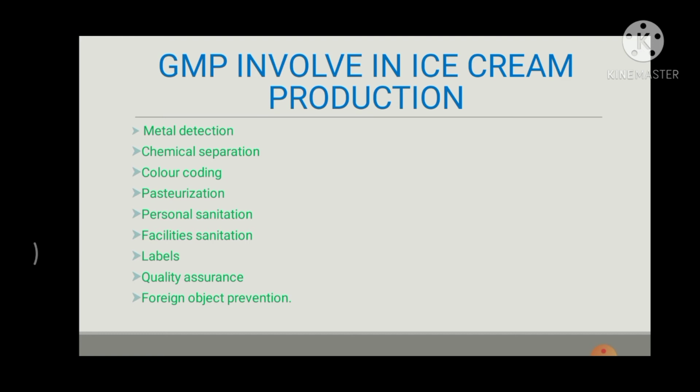Then pasteurization. Pasteurization is done to kill the bacteria and keep the ice cream safe to eat. After that, personal sanitization is very important because it can prevent the product from physical contamination and also cross contamination.